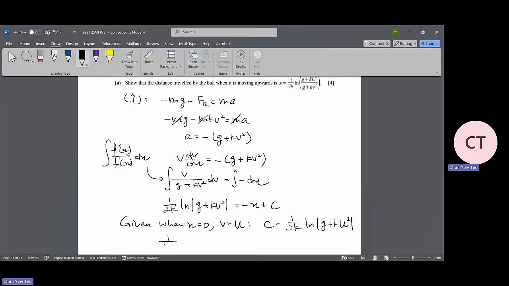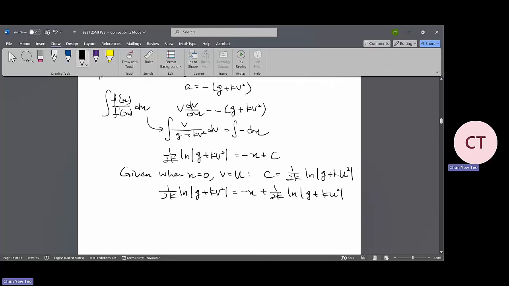So you have 1 over 2k ln modulus g plus kv squared is equal to the negative x plus 1 over 2k ln modulus g plus ku squared. So the x will be equal to 1 over 2k ln of g plus ku squared over g plus kv squared.